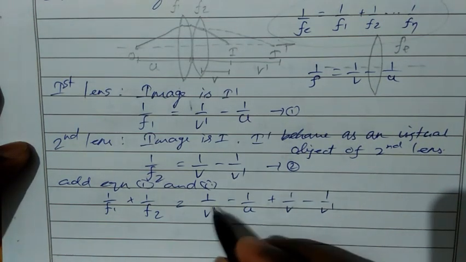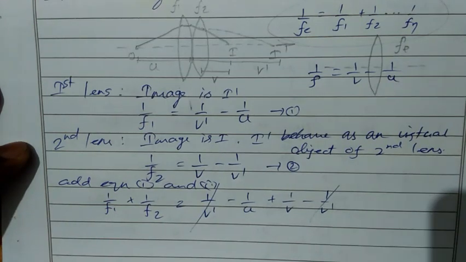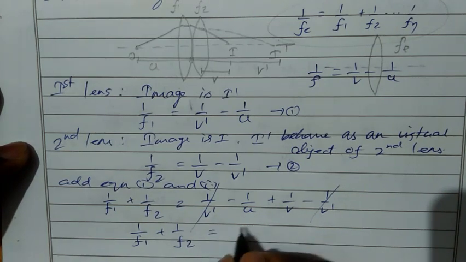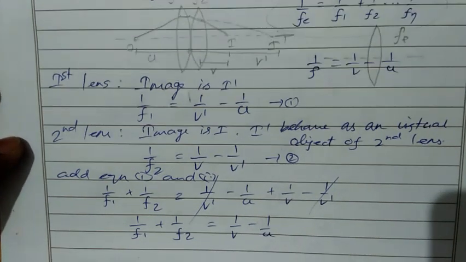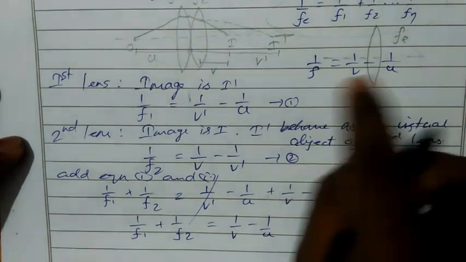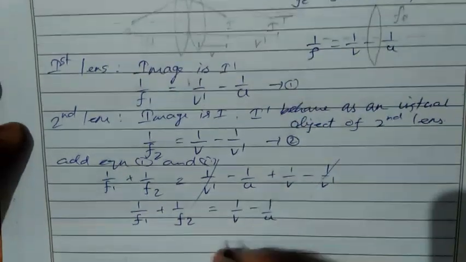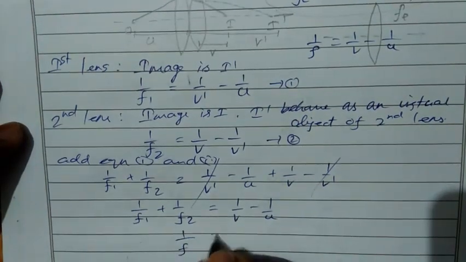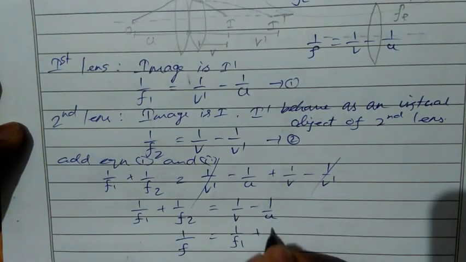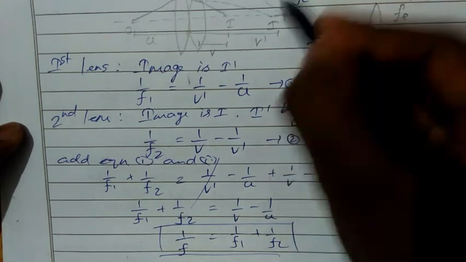So plus 1 by v dash minus 1 by v dash gets cancelled. Then we have 1 by f1 plus 1 by f2 equals 1 by v minus 1 by u. What is 1 by v minus 1 by u? It is nothing but 1 by f. So we can say 1 by f is equal to 1 by f1 plus 1 by f2. So we got the answer.